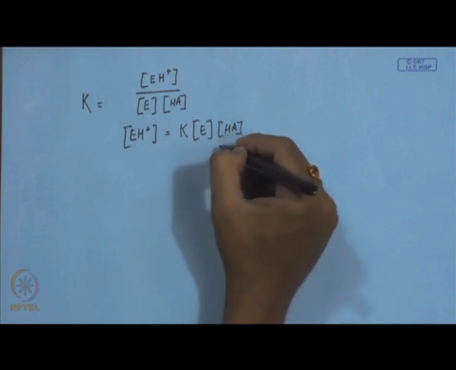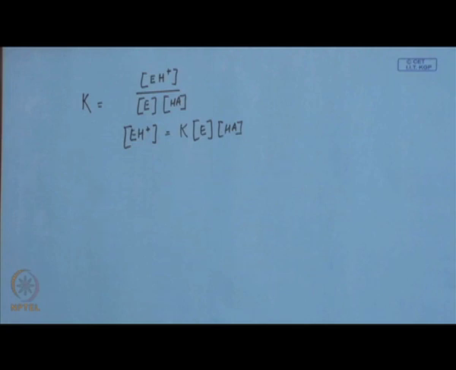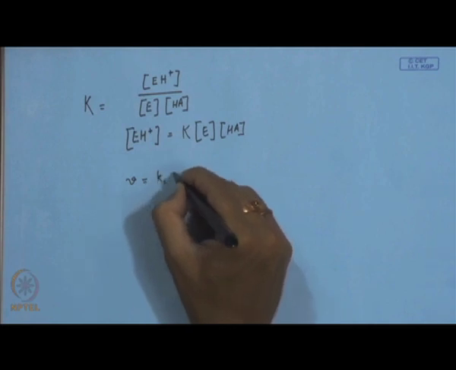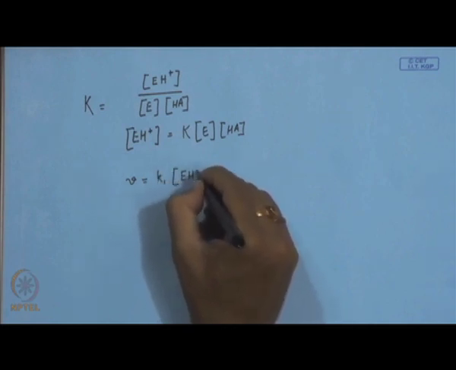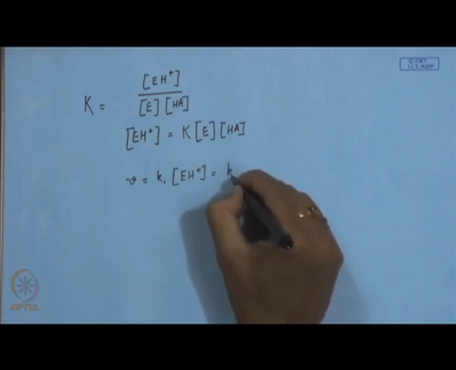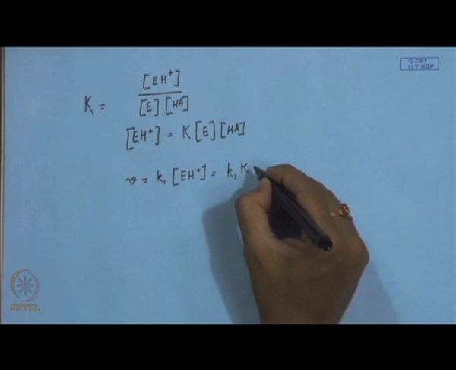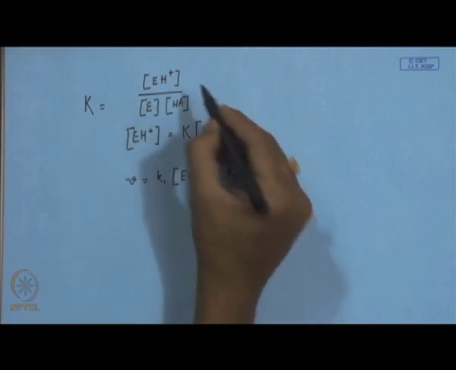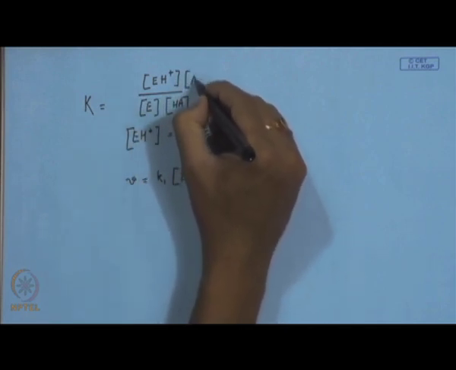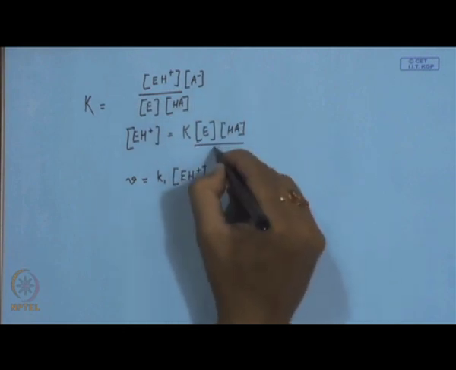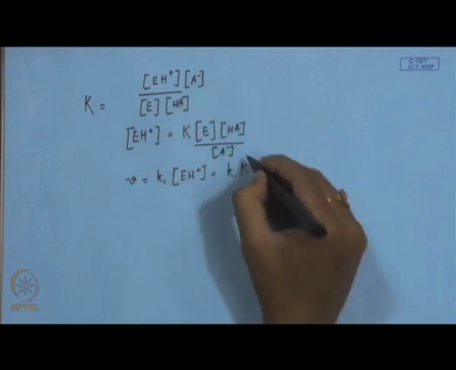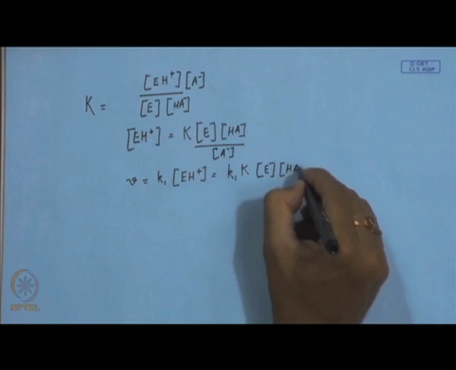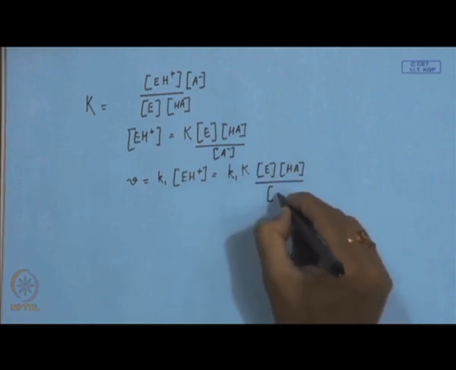You just plug this into your expression, that is V is equal to k1 EH plus, which is equal to k1 into K. I missed one thing, this is E minus, of course. So k1 K into E HA divided by A minus.